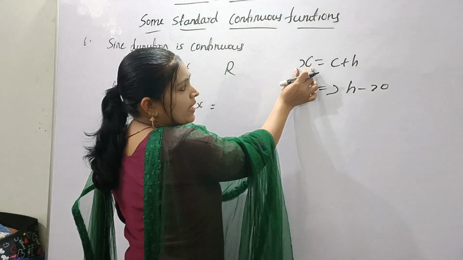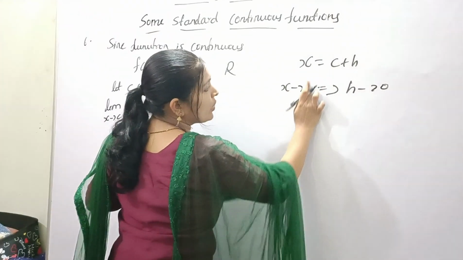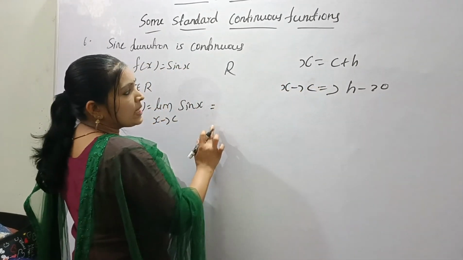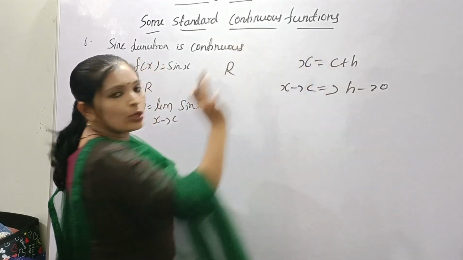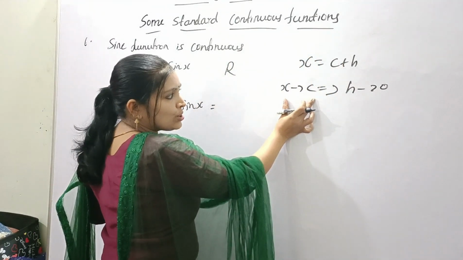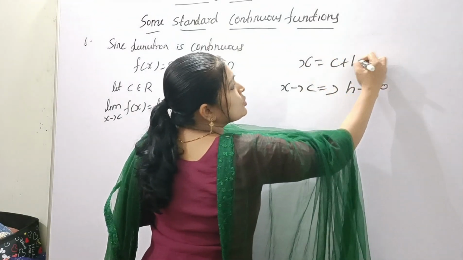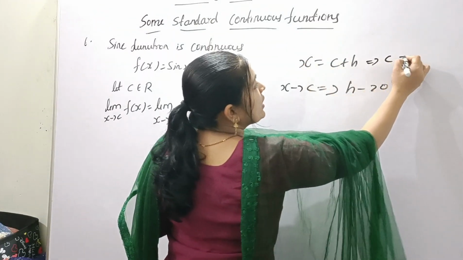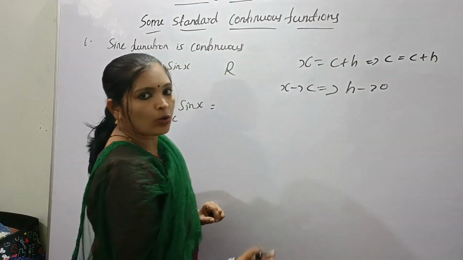When x tends to c, substitute x is equal to c in c is equal to c plus h, and you will get h is equal to 0.